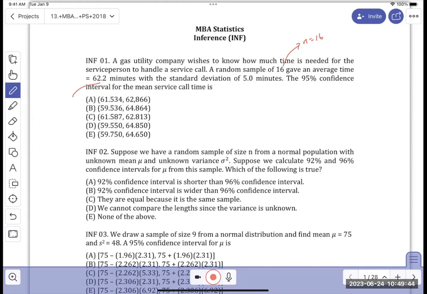Which mean, Patricia? Which mean? That's the whole point. Sample or population? Sample mean, X bar. Really important. Okay, and then with the standard deviation of 5, what is this?